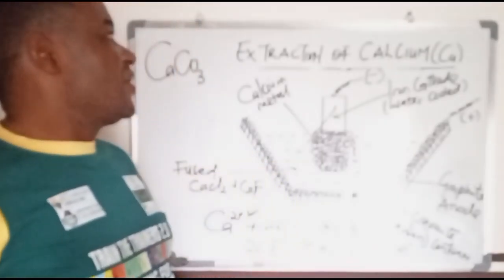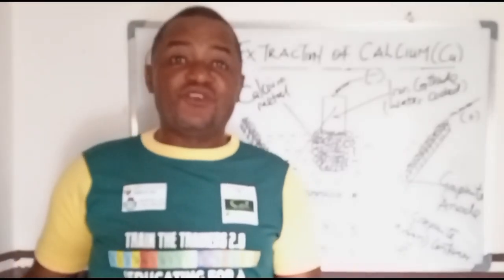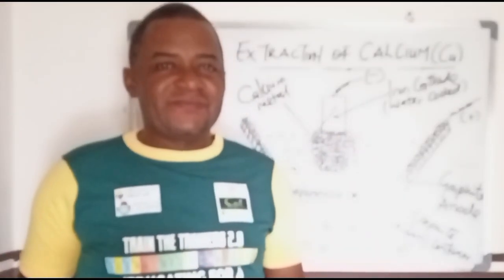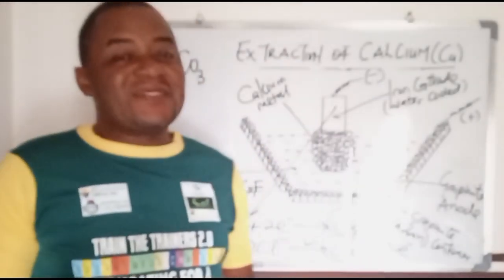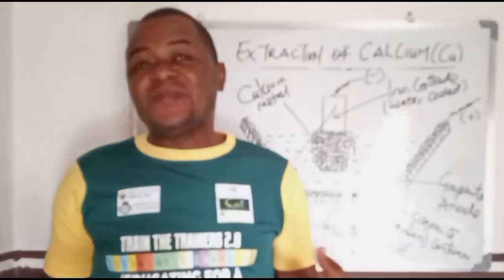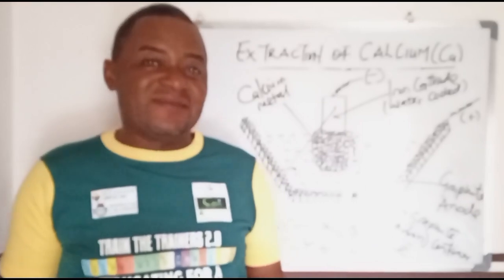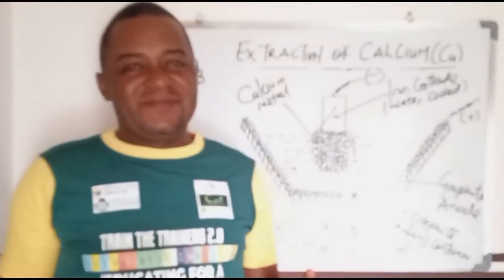Have to produce calcium, and other industries, especially the metallurgical industry, have to extract what? Calcium. I'm sure that we have gone a long way discussing what calcium is, the properties, how it can be obtained, in what form it can be obtained, its extraction, its uses. Now you can see how important this class is.